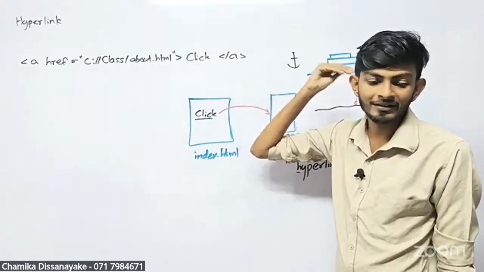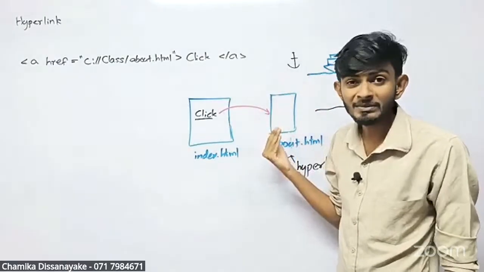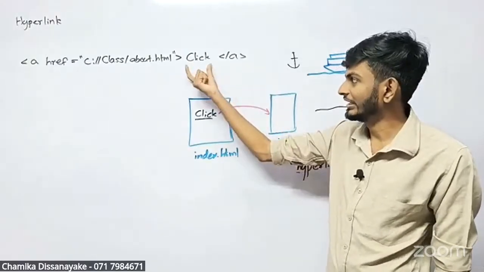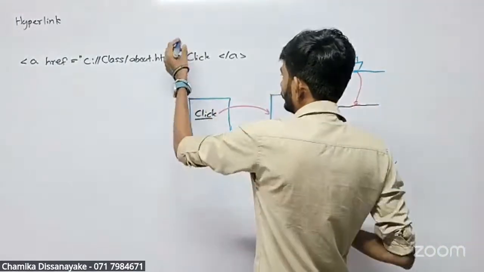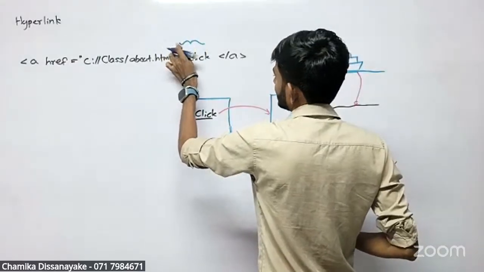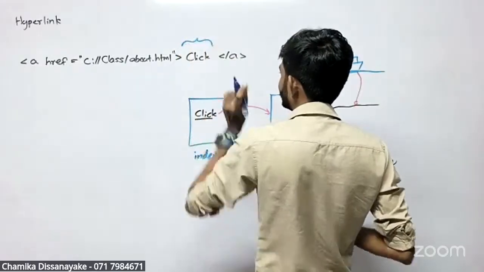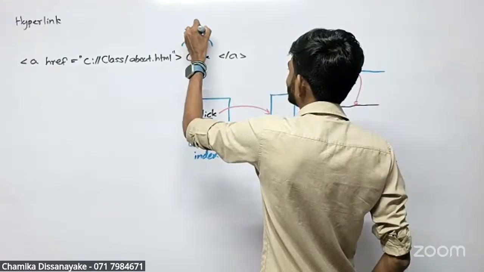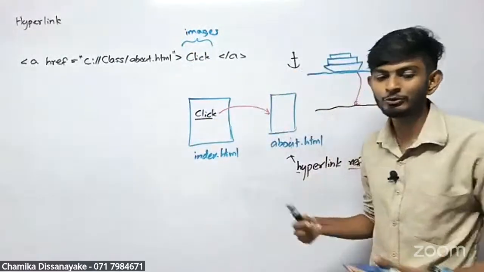And as I told you, we can put images as a hyperlink also. In this case, we have words, but we can put images. For images, we can't just drag and put images.